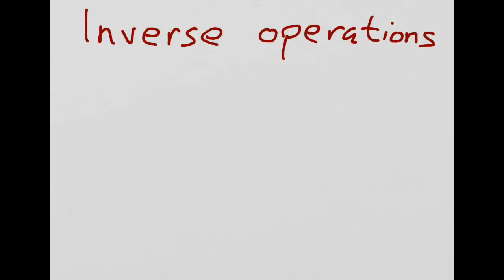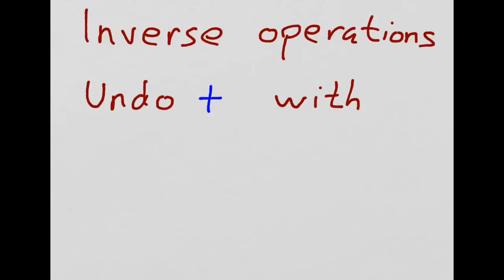Now, a quick reminder about inverse operations. These are the operations that undo other operations. So, as we've seen, we undo plus with minus. Example, plus 7, we undo plus 7 with minus 7. Plus 10 with minus 10.